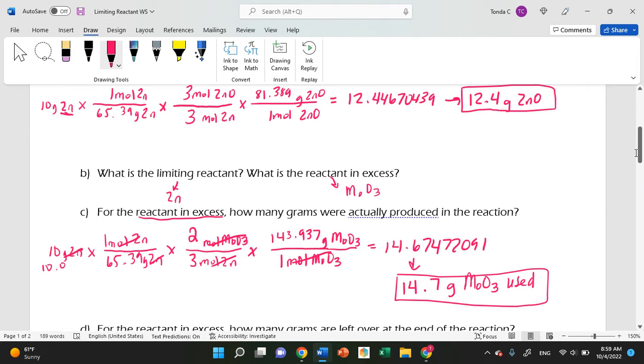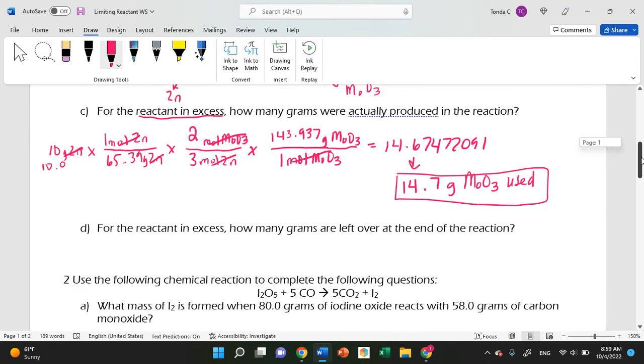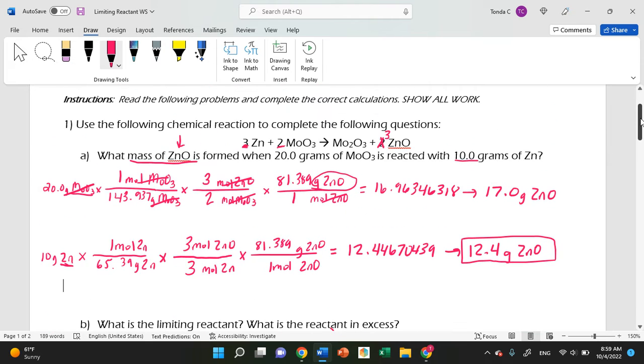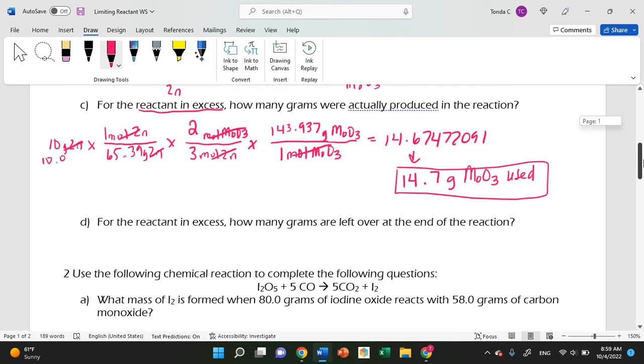The last thing to do on part number 4 is for the reactant in excess, which was my MoO3, how many grams were actually left over? So we need to figure out how much did I start with and how much did I use? Well, if we look up in our problem for MoO3, we started with 20.0 grams.